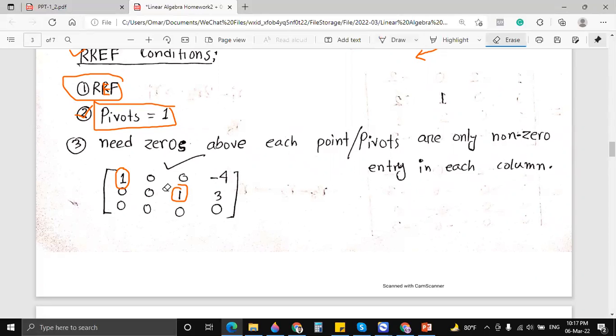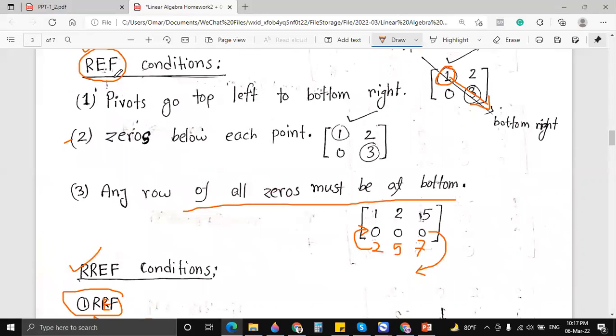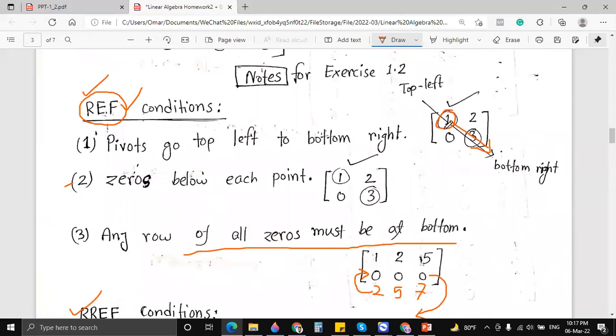That means if you look here, previously in REF form, above this pivot point, that means above 3, we have a 2. But in RREF form, we need this 2 to be 0.